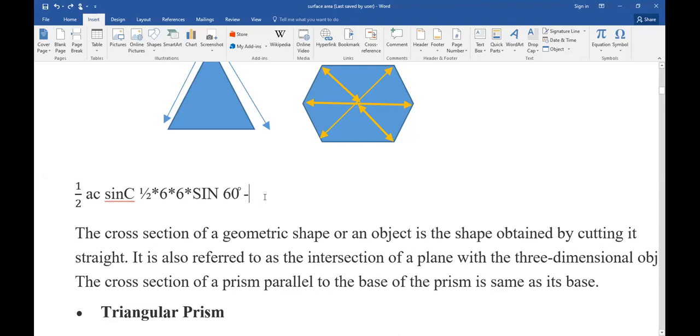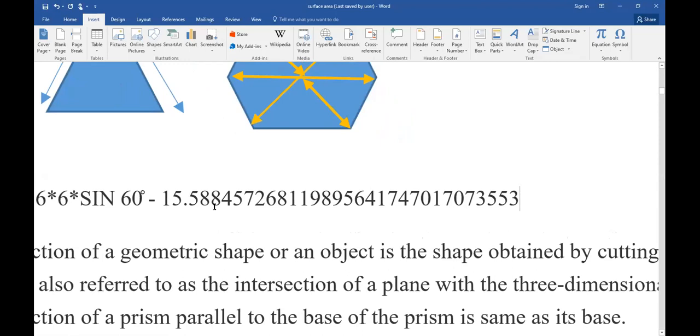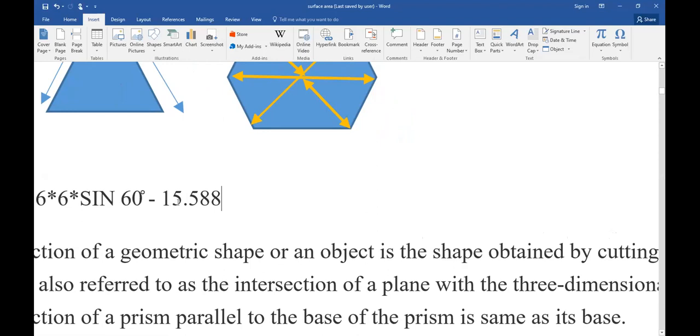So this is the answer, 15.588. We remove the other figures so that we are left with the number of figures that we want. We consider the next figure because it is more than 5, so it is going to make this one 9. And then we have centimeters squared.